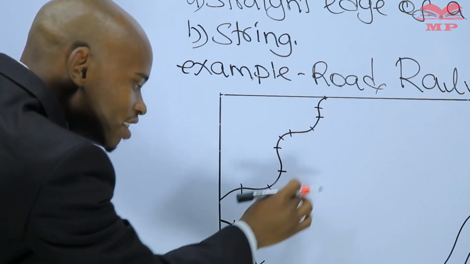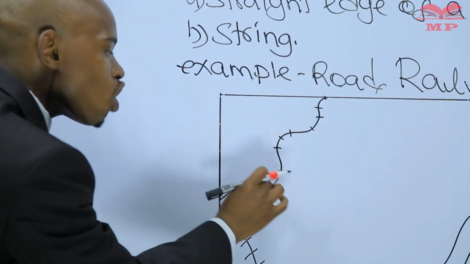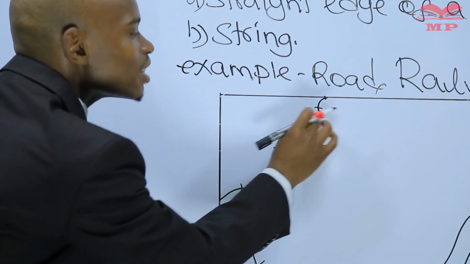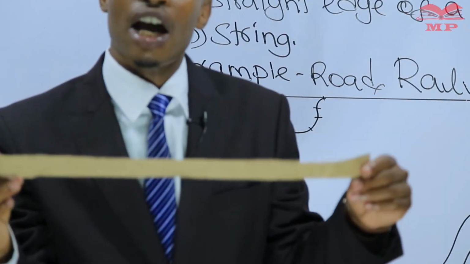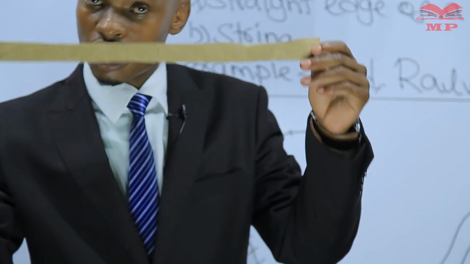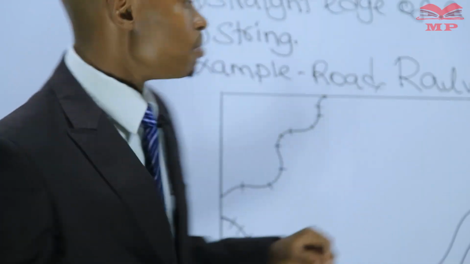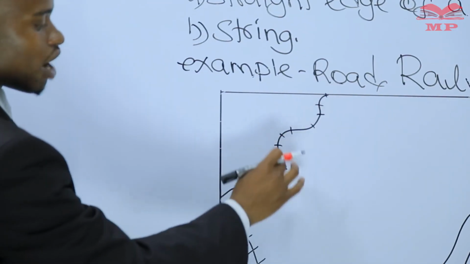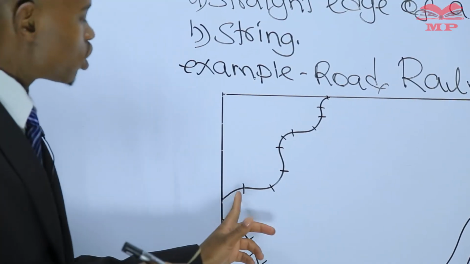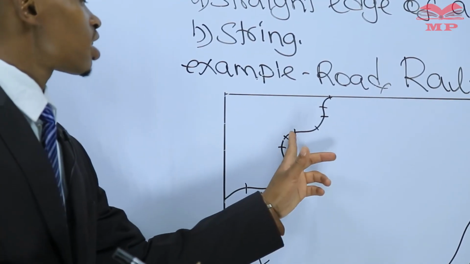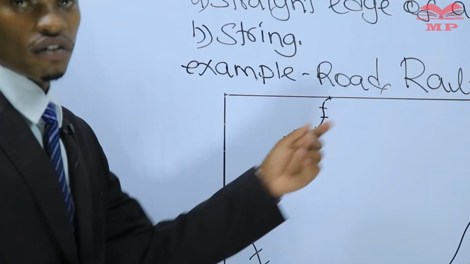Divide your curved distance into small straight distances before you use the straight edge of a paper to measure. Make sure that you have divided your curved distance into small straight distances. It will be very easy for you if you do this.